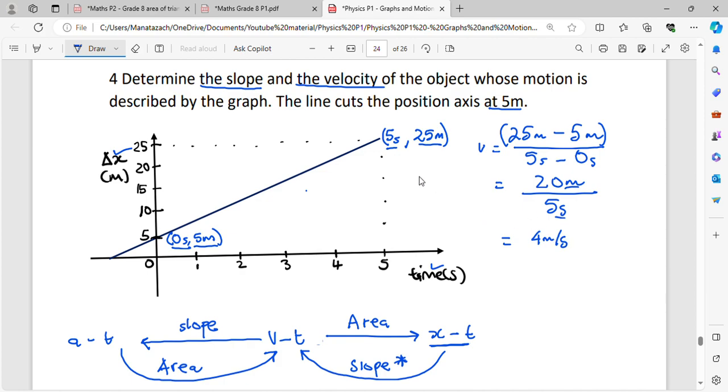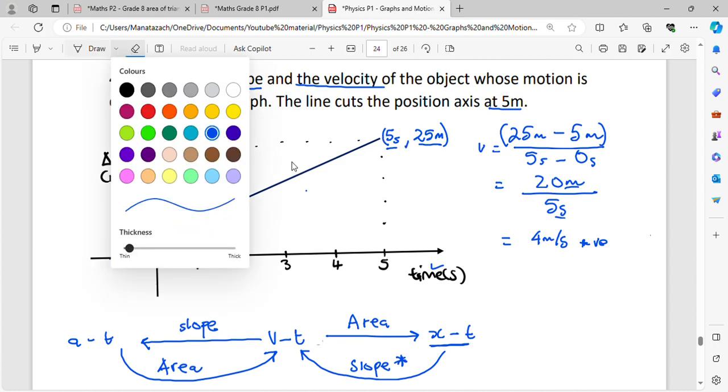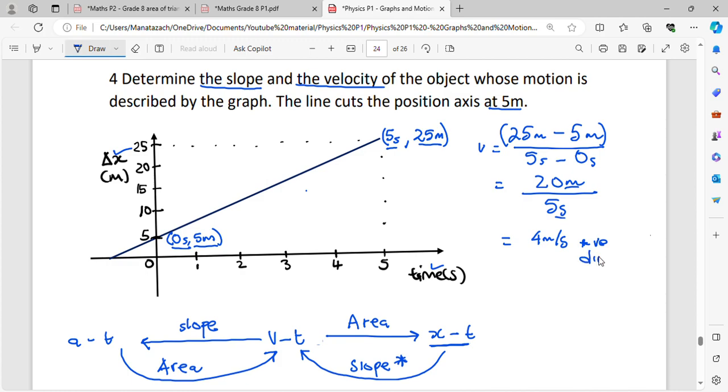Since the velocity is a vector quantity, we're going to specify the direction and say it's moving towards the positive direction, since our answer was positive. Okay, so now this is the answer.